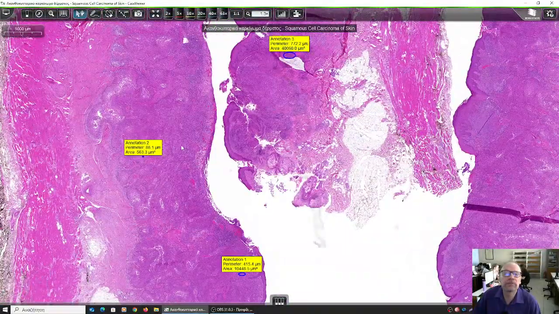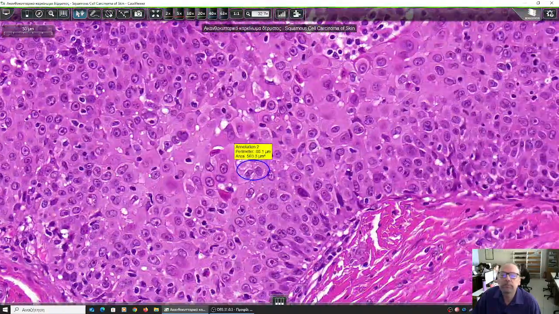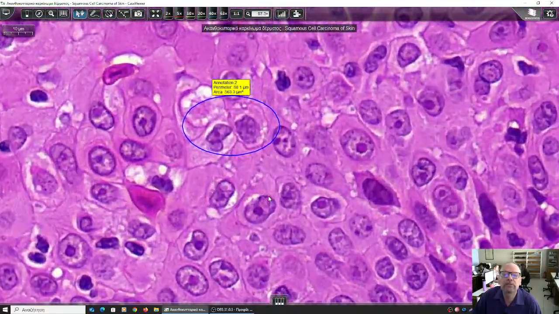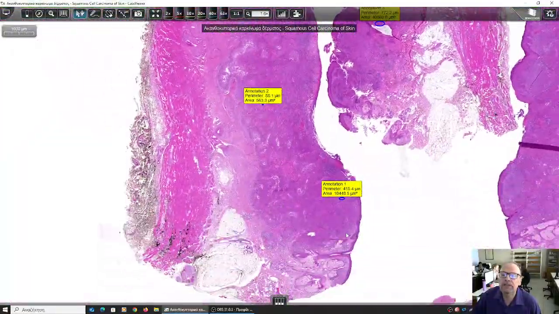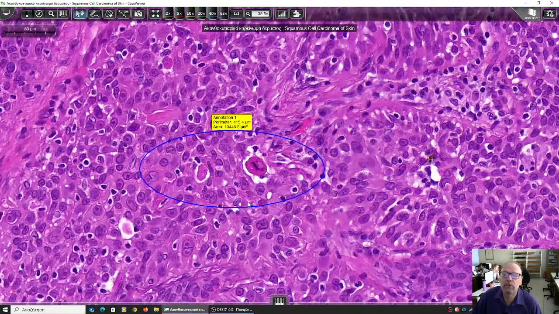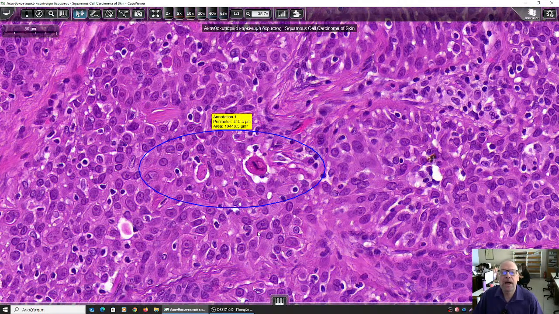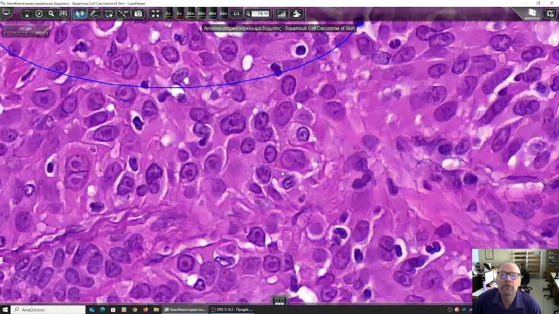Another annotation, let's have a look. What are these cells? Yes, this is dyskeratosis. Okay, we saw that. And if we had no dyskeratosis, just the pink cytoplasm, how would we suspect that it derives from squamous cells?